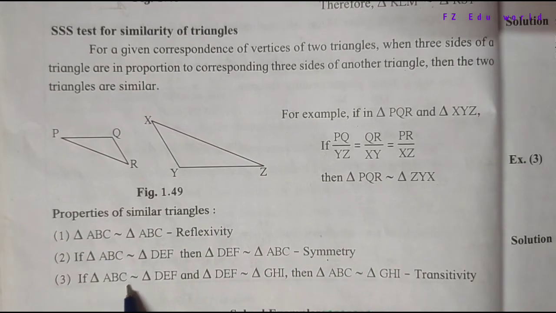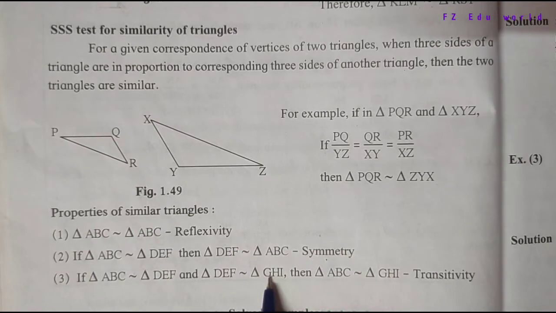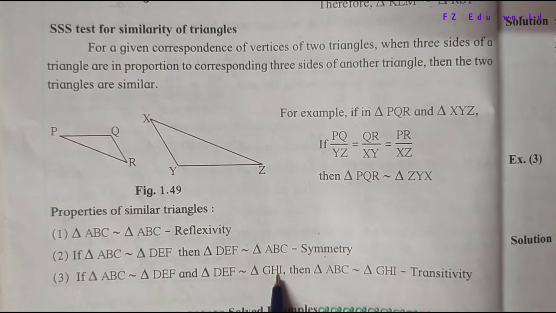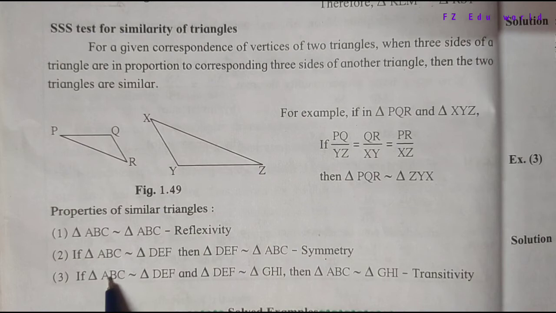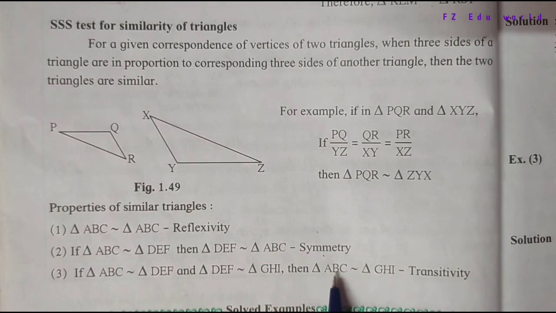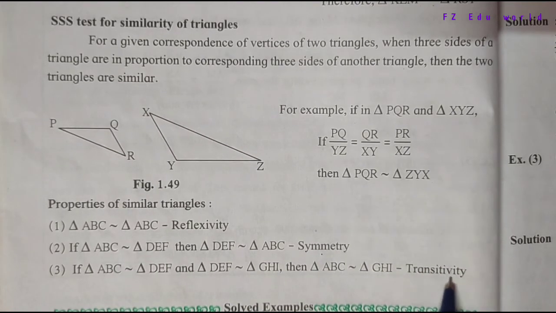If triangle ABC is similar to triangle DEF and triangle DEF is similar to triangle GHI, first is similar to second and second is similar to third, then triangle ABC is similar to triangle GHI. Transitivity.